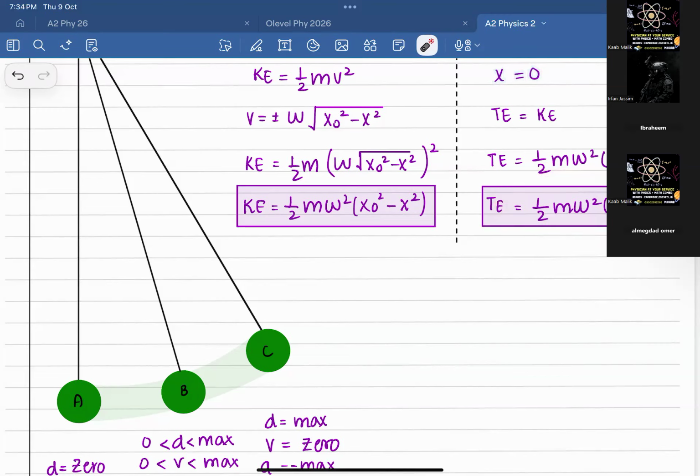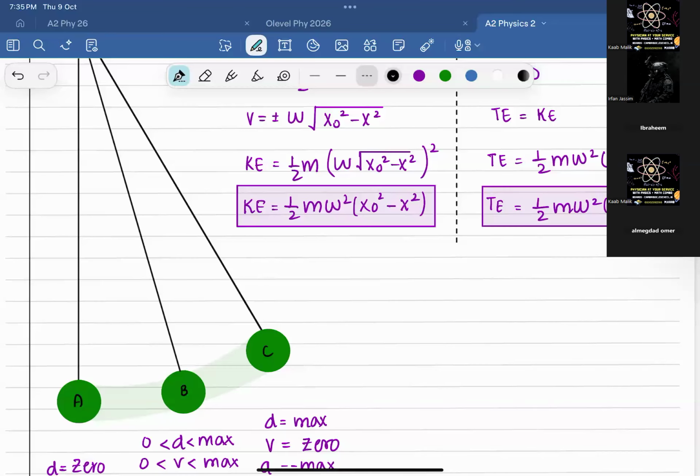The total energy at a specific point should remain the same at any point, because we say that the total energy remains the same, so it will work for every point in the system, right? So this formula gives the total energy of the oscillation.